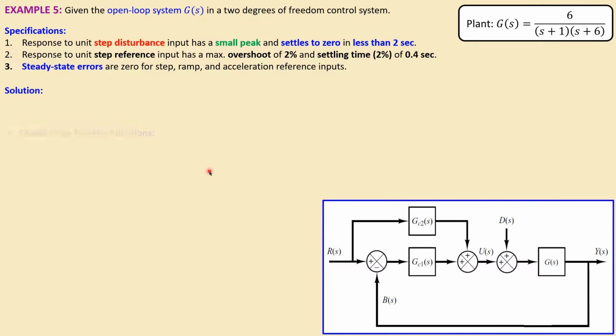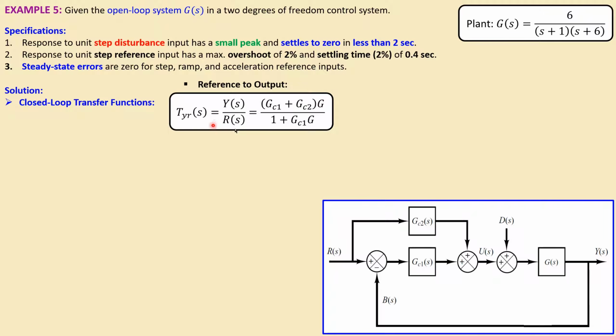Now, looking into the solutions, we will always start with the closed loop transfer function for this configuration. Of course, we take the reference to output separately and also the disturbance to output separately. The transfer function for the reference to output, Y over R, we have discussed in great detail in example number 1 in this series about 2 degrees of freedom control design.